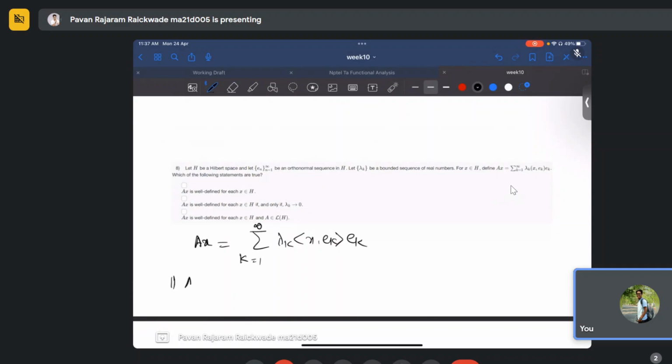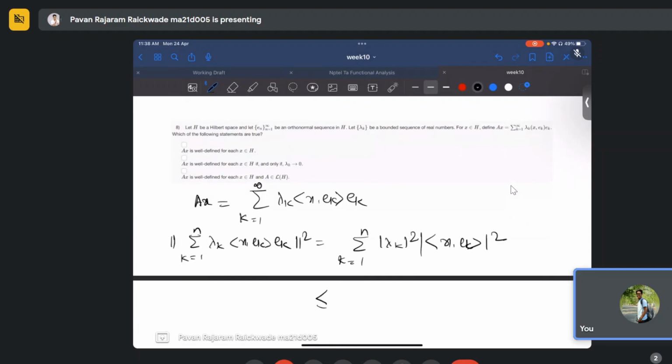Let's consider the sequence of partial sums, squared. Because we are in a Hilbert space, this is just the summation of modulus of lambda k squared times modulus of the inner product of x with ek squared, up to n. But because lambda k is a bounded sequence, suppose the bound is M, then this is less than or equal to M times the summation of modulus of the inner product of x with ek squared.